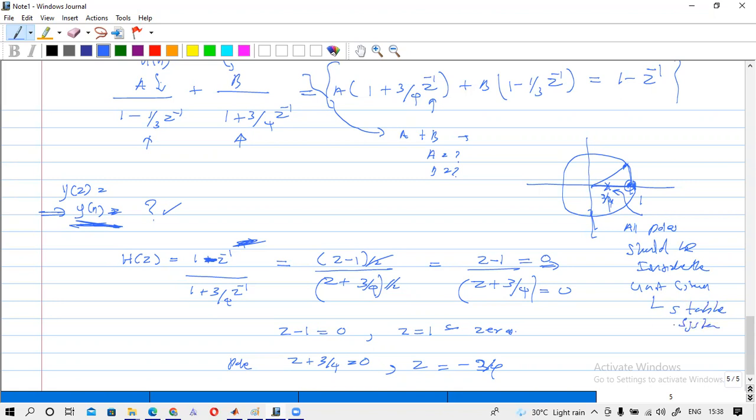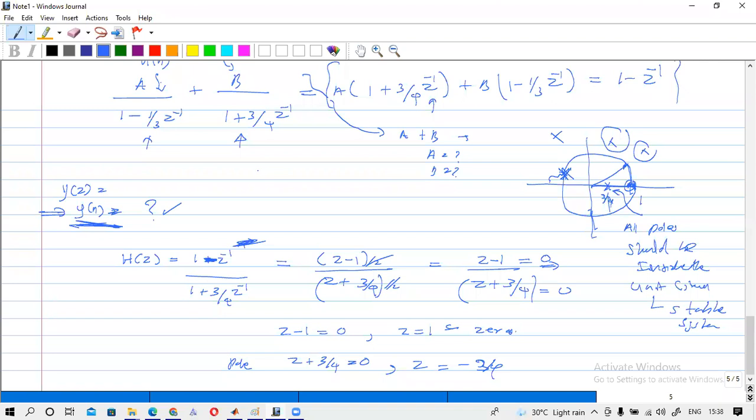Otherwise, if any pole is outside this circle, that system will be an unstable system. And if any pole is on the unit circle, we call it marginally stable. So please remember those three points.